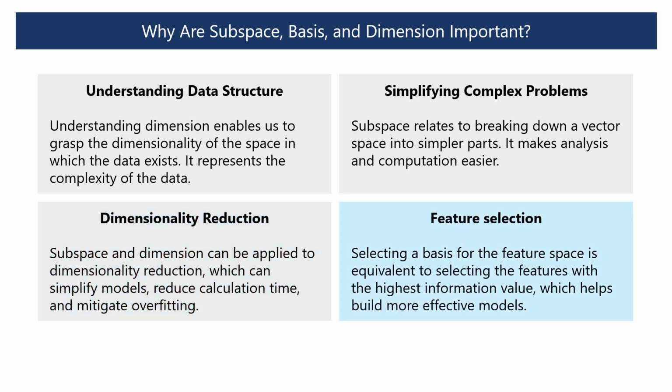The fourth is feature selection. In data analytics, subspace and basis relate to feature selection. Selecting a basis for the feature space is equivalent to selecting the features with the highest information value, which helps build more effective models.